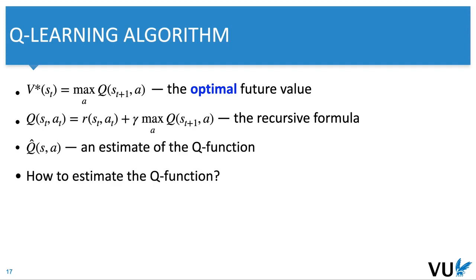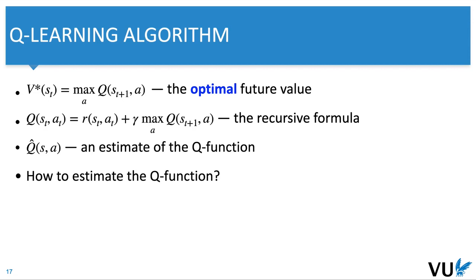Then what we look for, because these Q values, Q functions, are the real parts of this cumulative reward. Of course, we don't know them in advance, so we will try to estimate these Q functions.